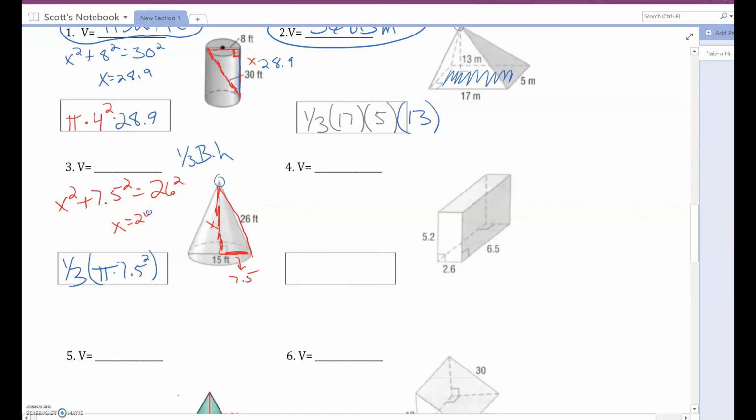X equals 24.9, which is the height. So that times 24.9. And you should get 1/3 pi 7.5 squared times 24.9. You should get something like 1466.7 feet cubed.